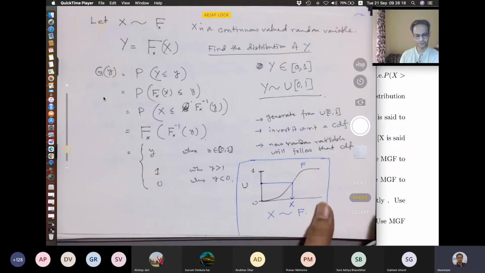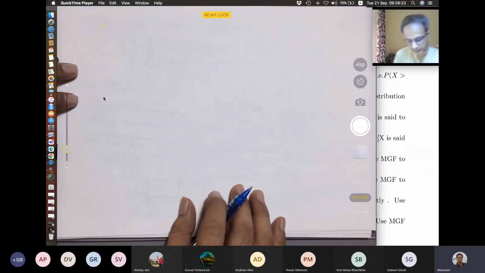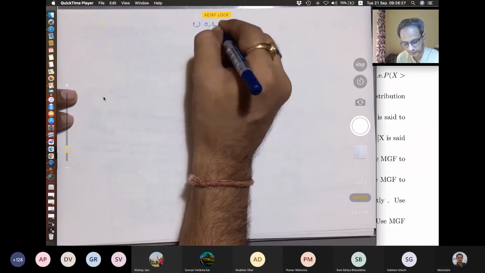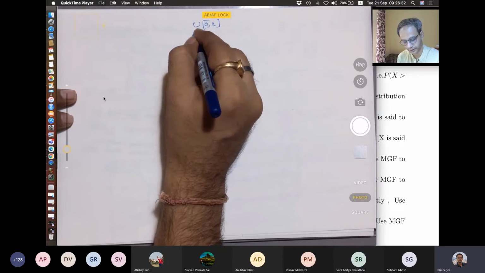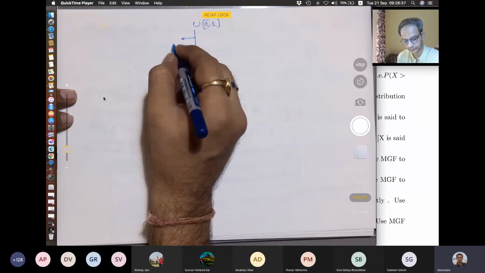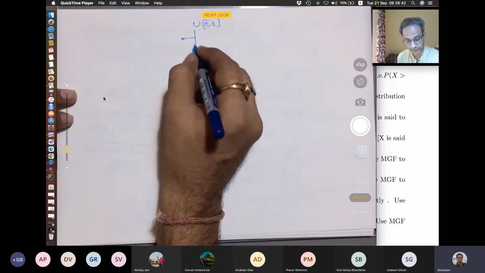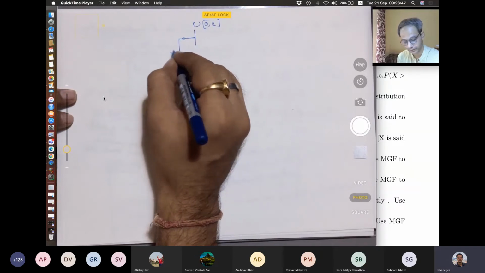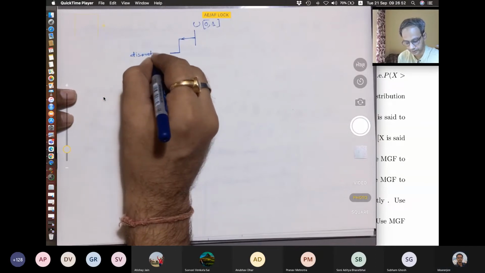So if you want to summarize the entire thing that we have done, you can see that we have started with uniform 0 1, then from here one splitting we have done, discrete uniform.